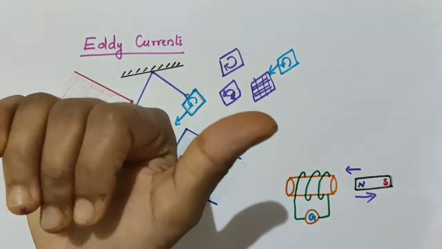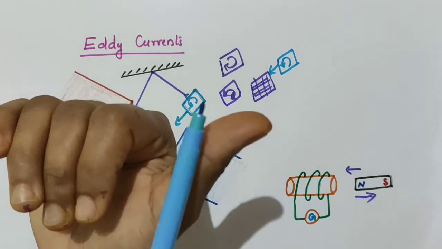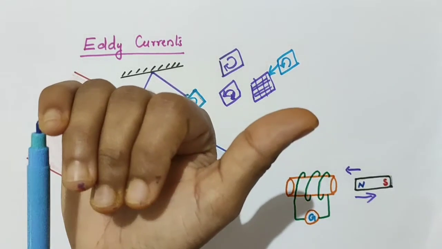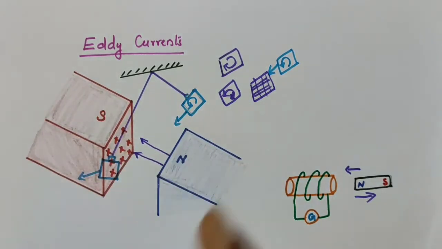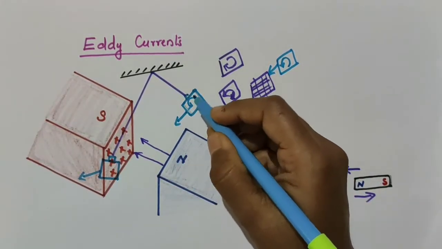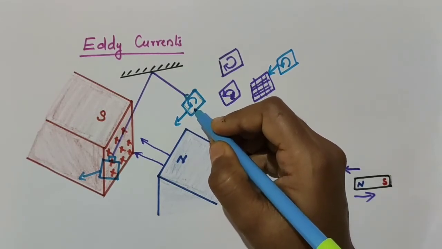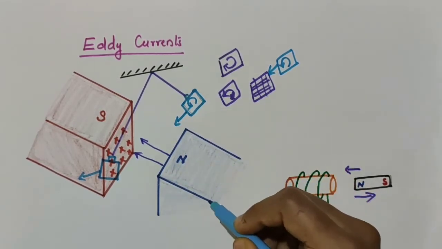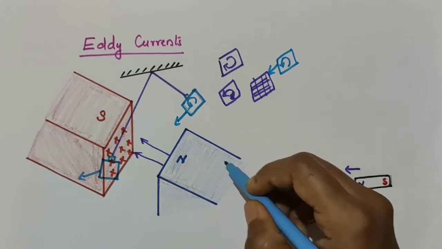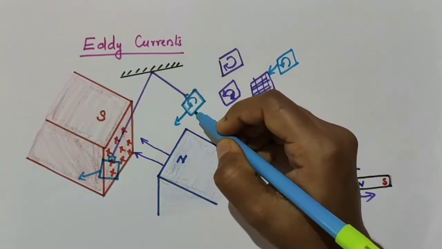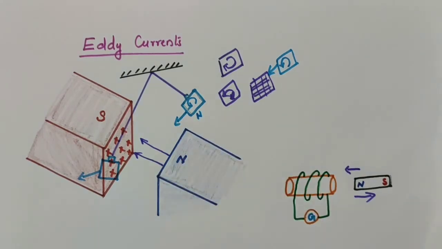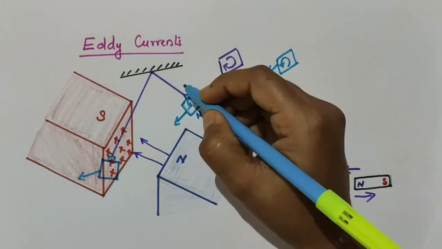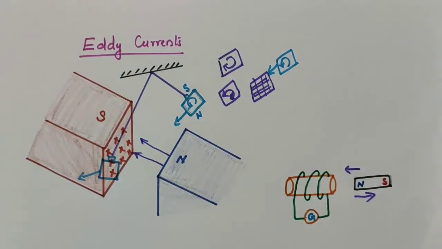When current flows in the anti-clockwise direction, the magnetic field is along this direction, and we know that magnetic field lines emerge from the north pole and enter the south pole. So this side of the copper plate, the side facing the north pole of this external magnet, will behave like a north pole when it enters this region, and the other side will behave like a south pole.